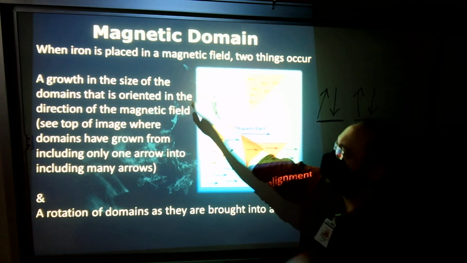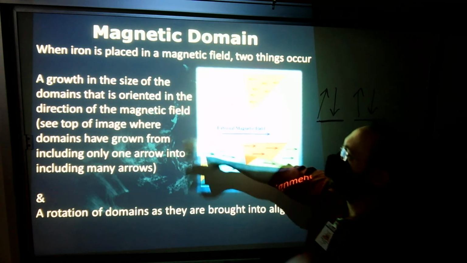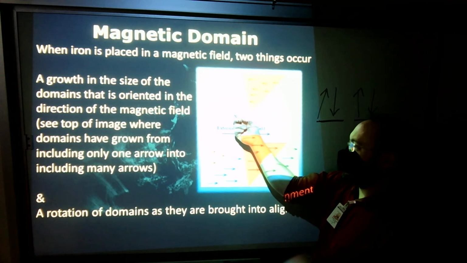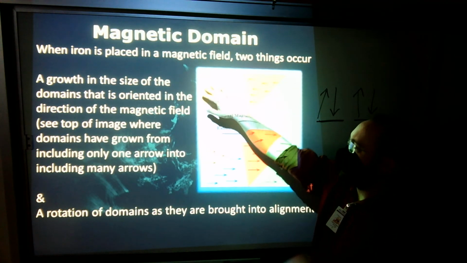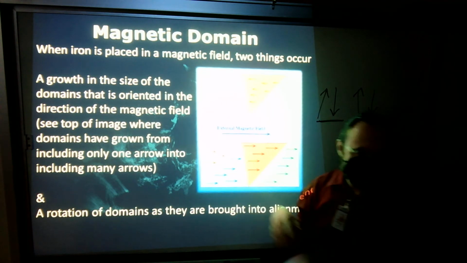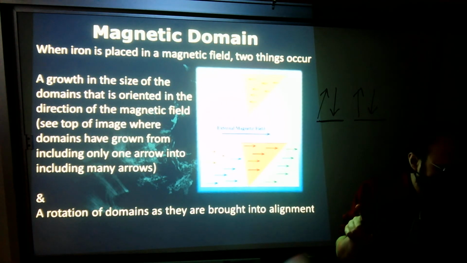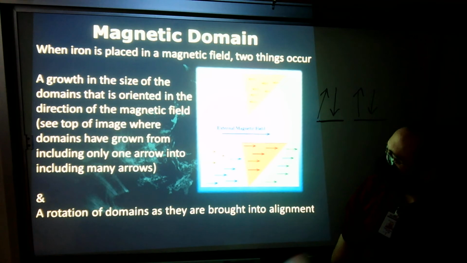It's like, look, I'm the good one, turn my way. And so they all turn that way. And next door, this guy won, and all these start turning this way. And you end up with bigger domains. So the domains grew because in a certain area, one of the domains won, so to speak.